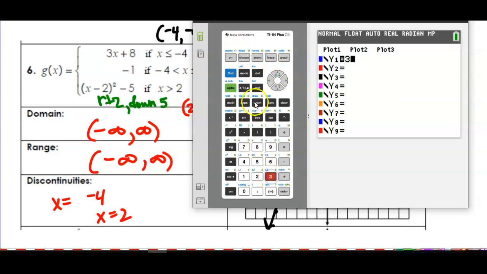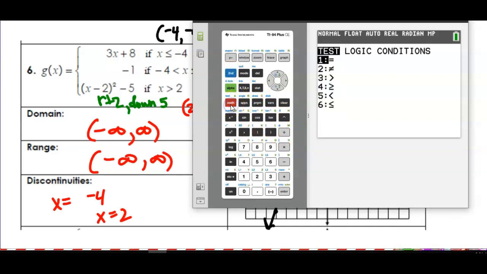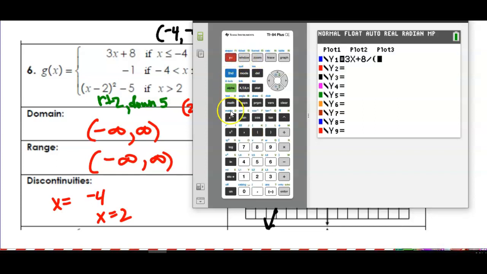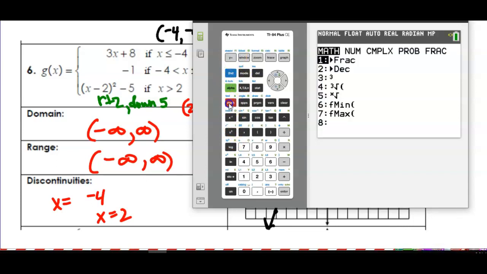You would put 3x plus 8. You would put divide. And you have to have parentheses, and it's second math. Oh, not yet, it's not. It's x first. And then it's second math.